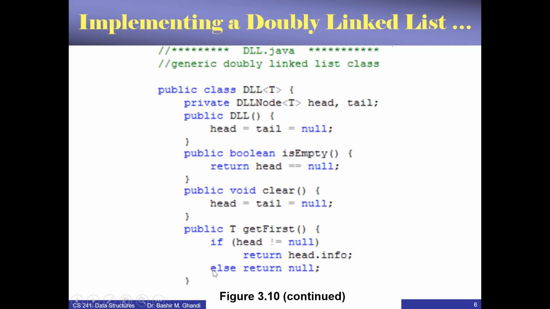Otherwise the list is empty, so simply return null. This is basically what get first is doing. I'm sure you can imagine how you will be able to do get last. This is one of the exercises you will do in the lab.